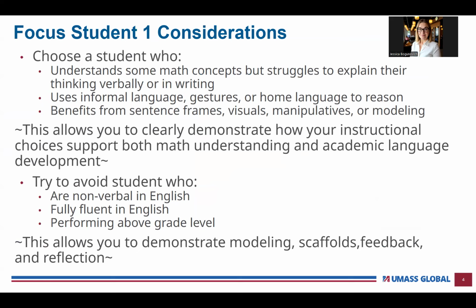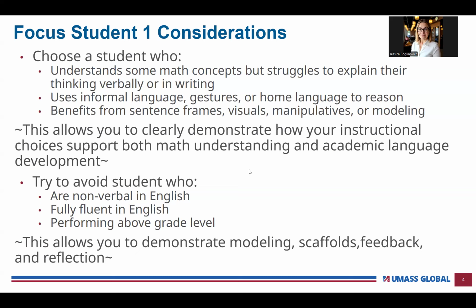So, you want to pick someone who understands some concepts of math, but they struggle to explain their thinking verbally or in writing. They use informal language or home language, gestures to reason. And they could benefit from things such as sentence frames, manipulatives, modeling, visuals, so additional supports.